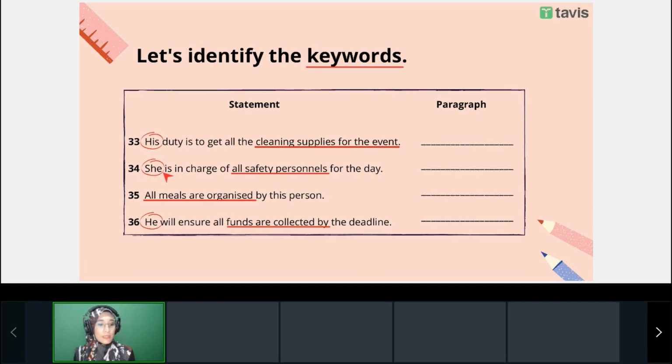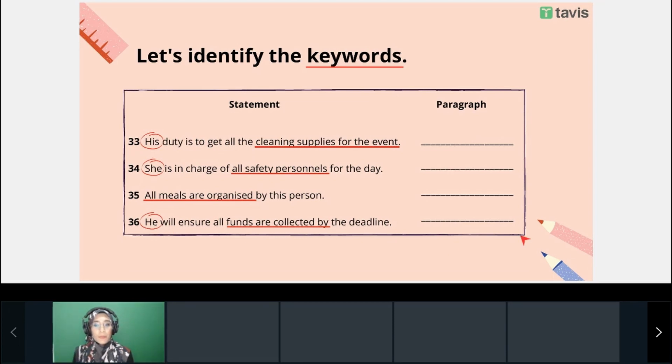So we now know that this is for the woman or the girl. There is one girl in charge. And all meals are organized by this person. There is no pronoun, but the keyword here is meals. And this is he. So this is a pronoun. So we now know that this is done by a male committee member.